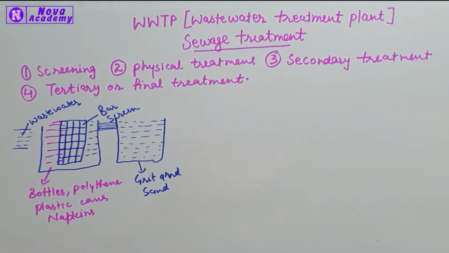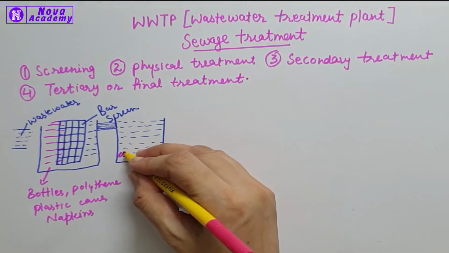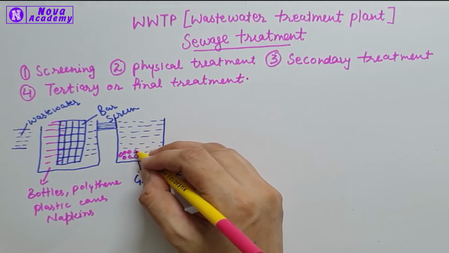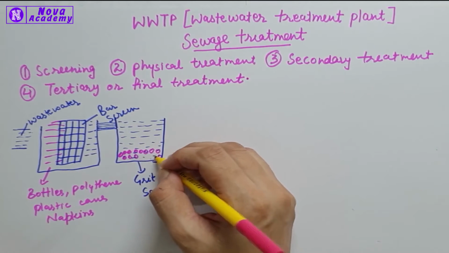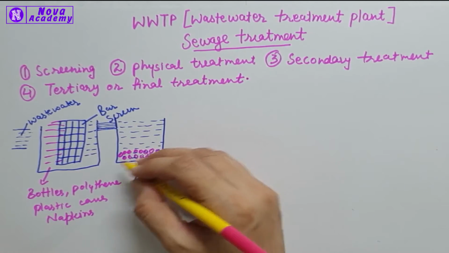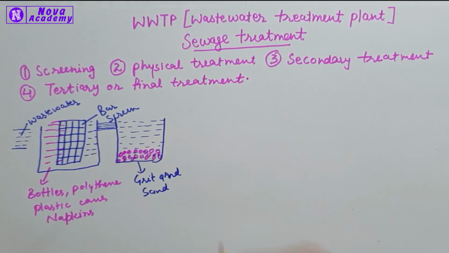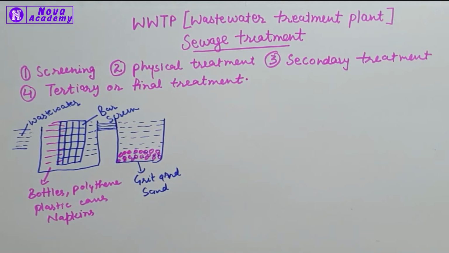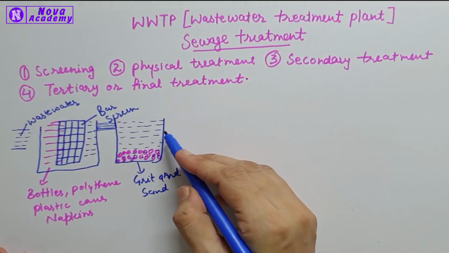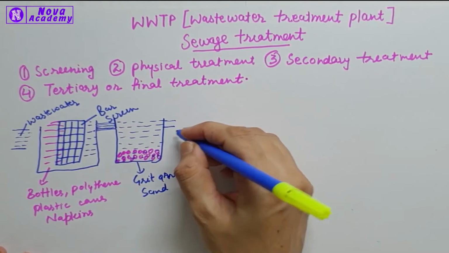After a few hours or days, we will see the grit, the large stones or sand settles down, which can be removed easily from here. So the water which is floating on these sand or grit particles is sent into the next chamber.